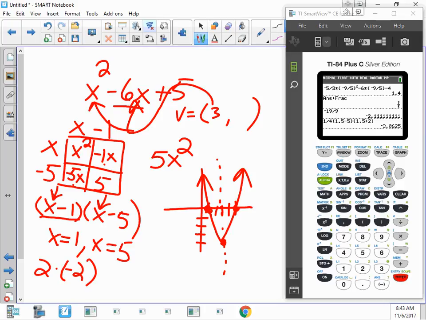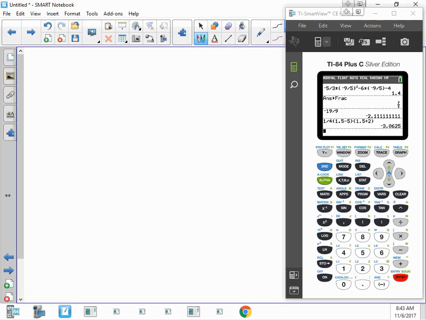Let's do another one. This one's a little bit strange. If I had 4x squared minus 16x, can I put that in the box? No. So I take a 4x out. Is this a difference of perfect squares?